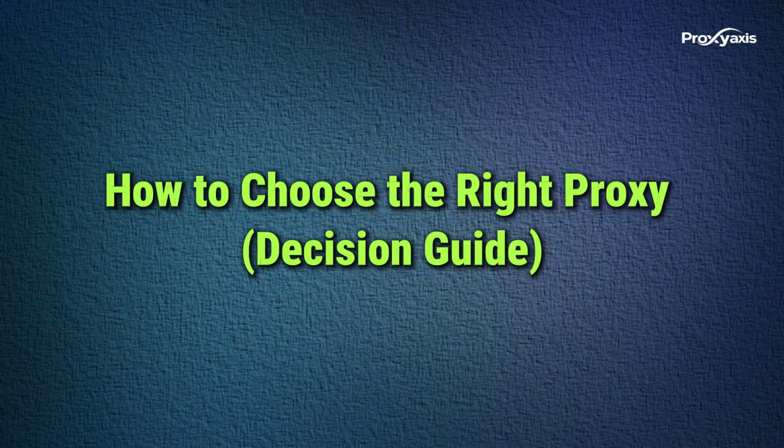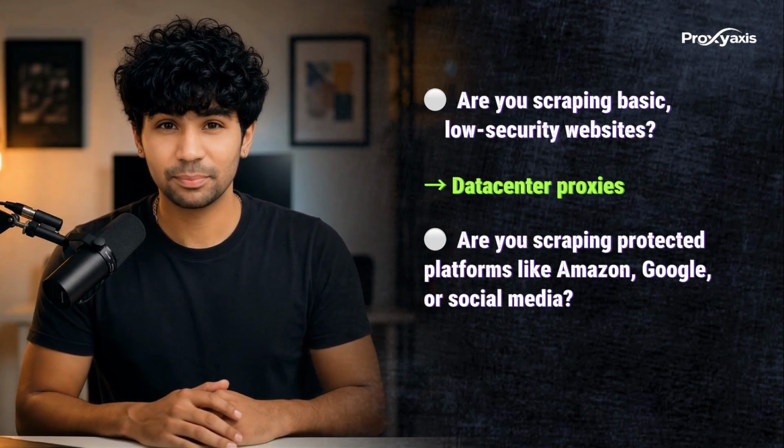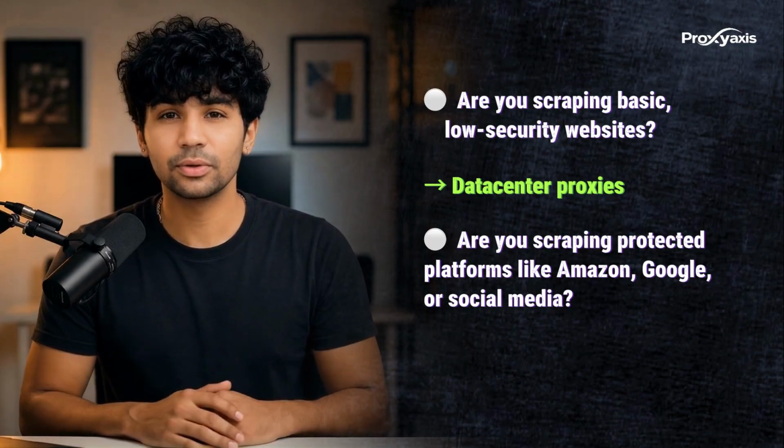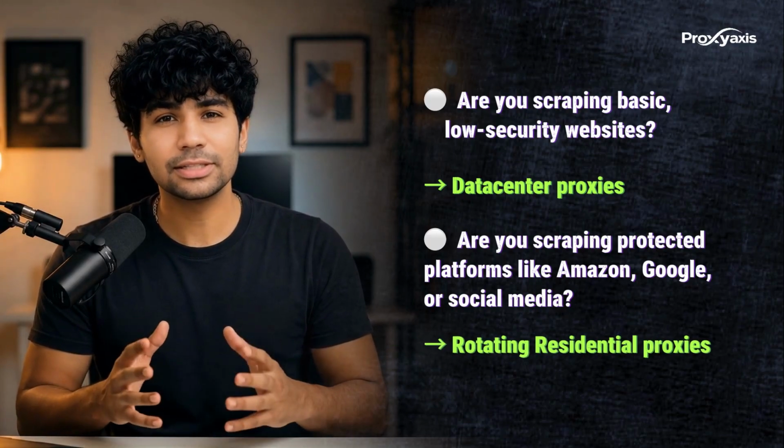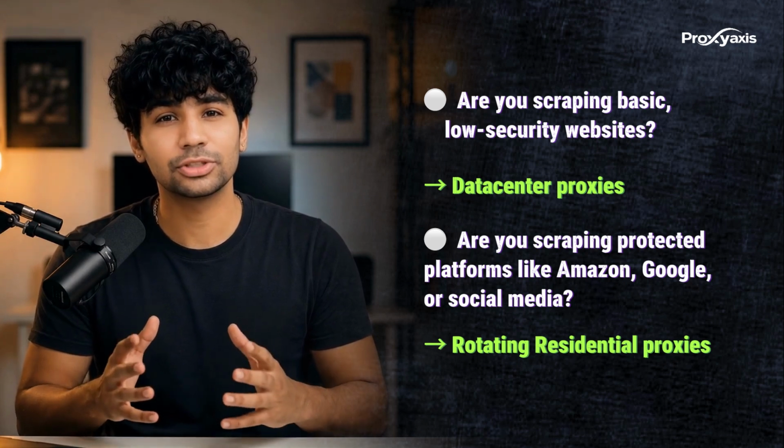How to choose the right proxy. Decision guide. Alright, let's put it all together. Here's your quick decision framework. Are you scraping basic, low-security websites? Datacenter Proxies. Fast and cheap. Done. Are you scraping protected platforms like Amazon, Google, or social media? Rotating residential proxies. They're worth the extra cost.